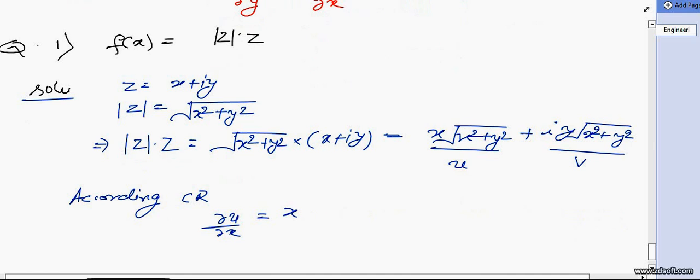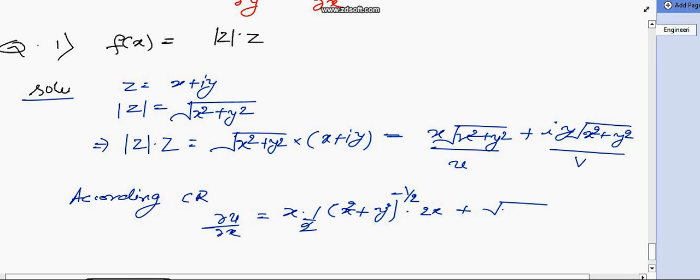We get x into 1 by 2 into 2x upon under root of x square plus y square, plus under root of x square plus y square.